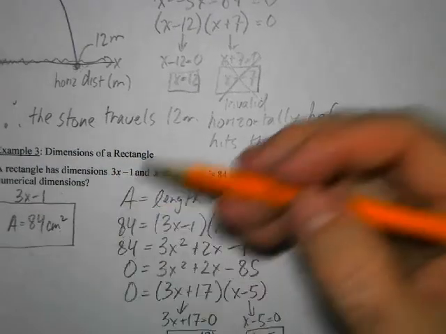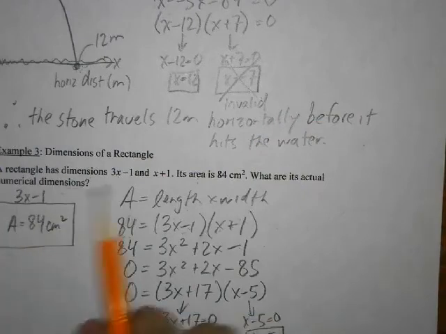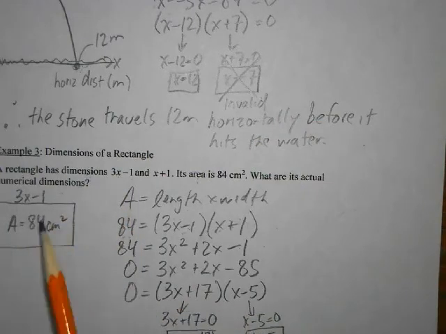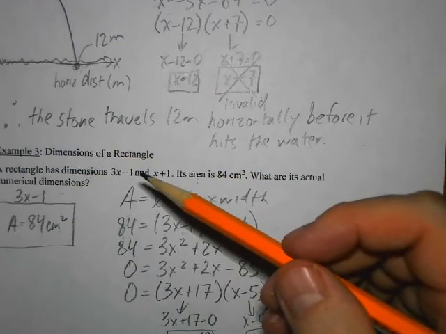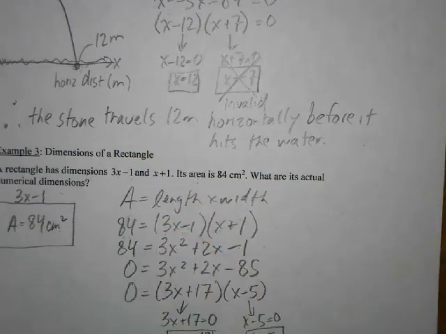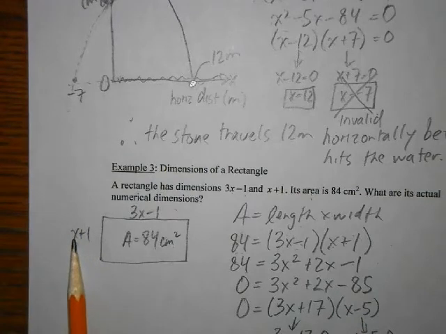Now this is a word problem, so maybe there's some constraints that these things have, right? And it has to do with measurement. So if I have a length and a width, obviously the length and the width have to be bigger than 0. They can't be negative. So this answer here, negative 17 thirds, that's between negative 6 and negative 7. Let's say negative 6. If I went back to this side here and plugged in negative 6 for x, that would make this side negative 5.